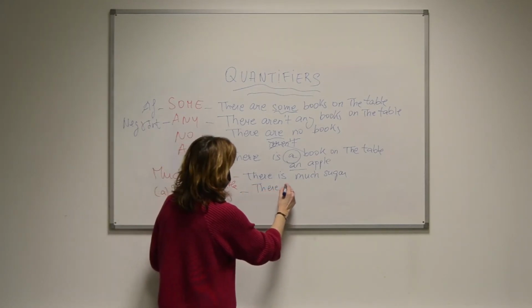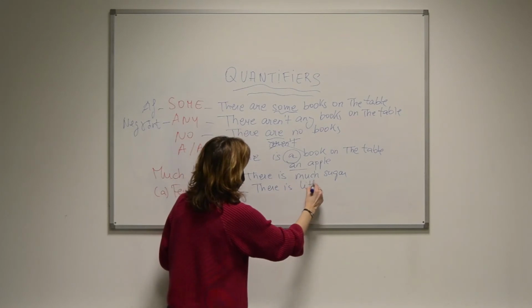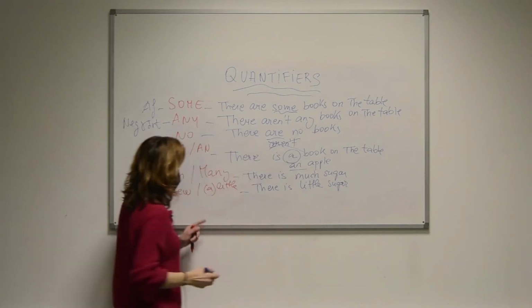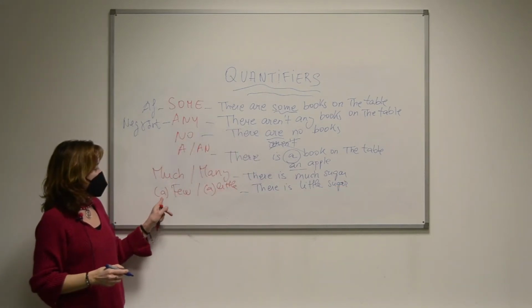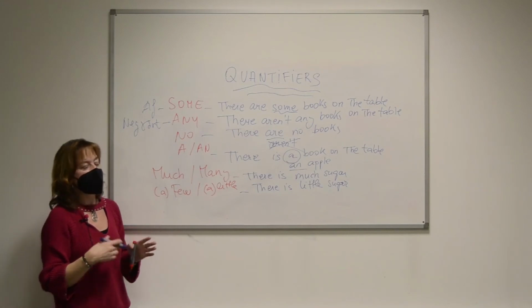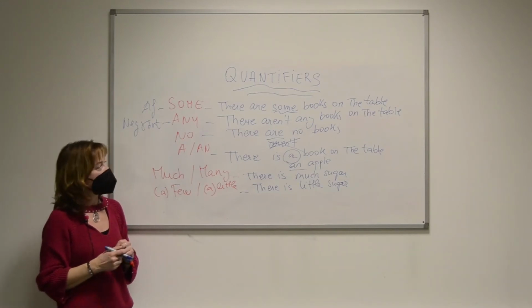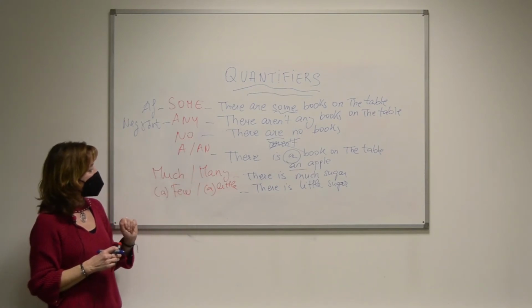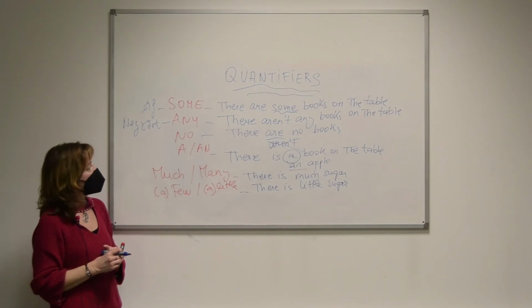There is little sugar. If we use a before the word, it means that it conveys a less negative meaning. Okay? Therefore, much with uncount, many with count, little with uncount, and few with count.